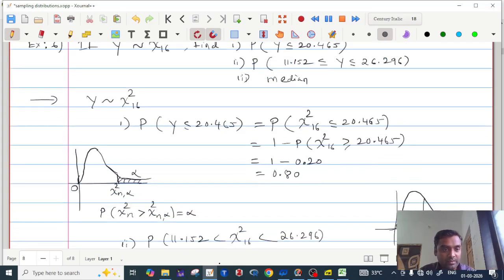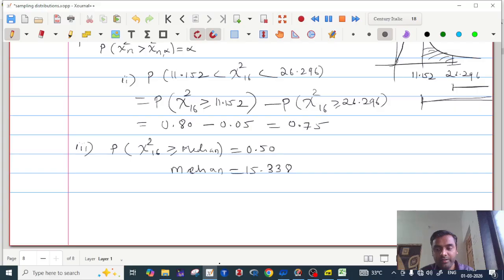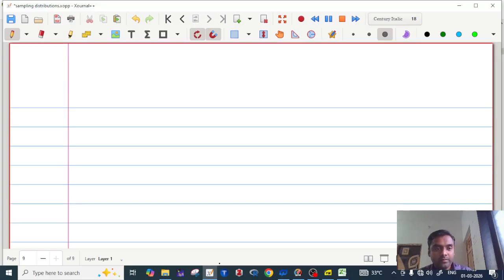This is example number 6. X1 and X2 are standard normal variates.